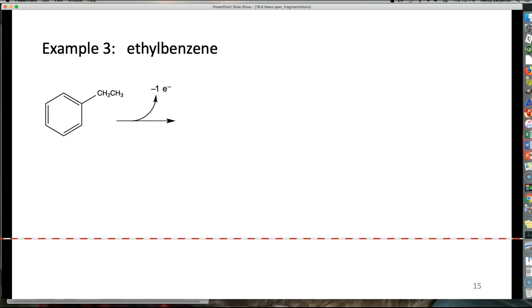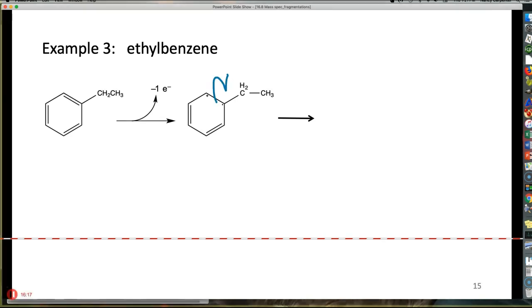All right, example 3, ethylbenzene. Now, you've got lots of pi electrons in an aromatic ring. Where am I going to kick one out? It's totally arbitrary. I can't predict. I cannot see where these might be. If I start with this one, I think it makes sense, as usual, to pair these up as shown.